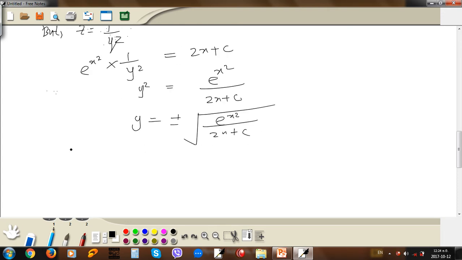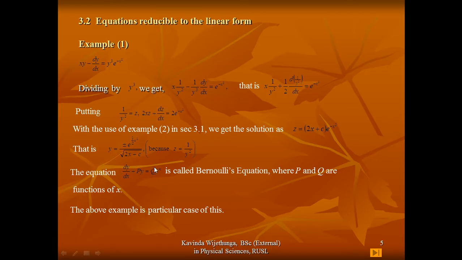We can write this as y equals plus or minus e to the power half x squared over the square root of 2x plus c. This is the answer, where c is an arbitrary constant. We got this answer.